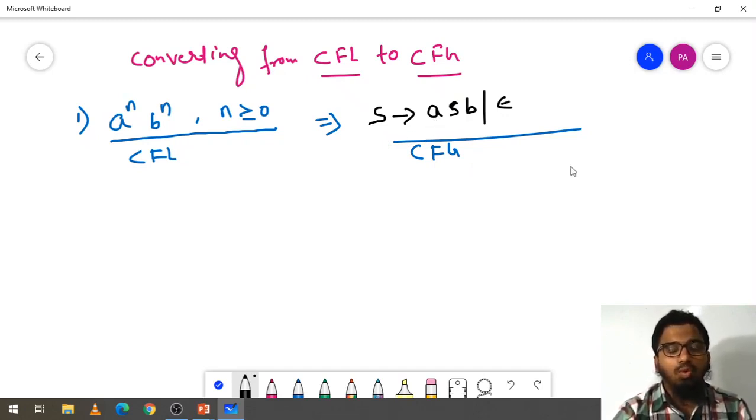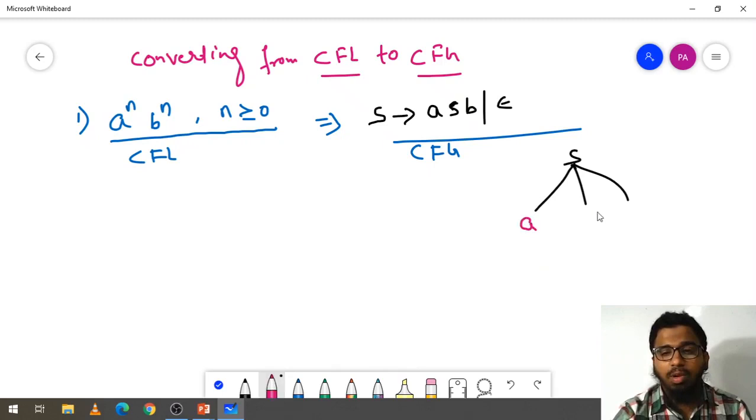So we need to do it, because in the last class we saw the leftmost derivation, rightmost derivation. In the same way we need to make a tree. First one is S. S is divided into 3. What are these? a is a terminal, S is a non-terminal, b is a terminal.